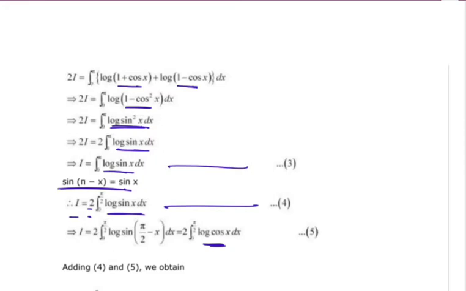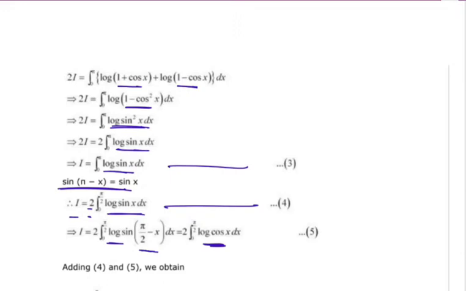So I equals the integral from 0 to pi by 2 of log sin (pi by 2 minus x), just multiplying by 2 and taking the limit pi to pi by 2.